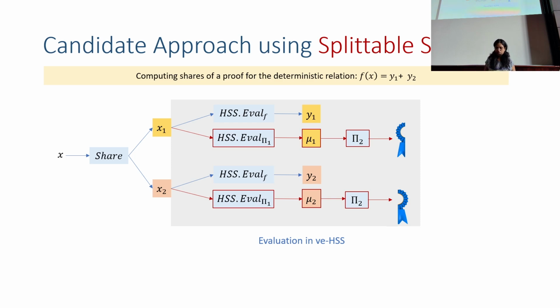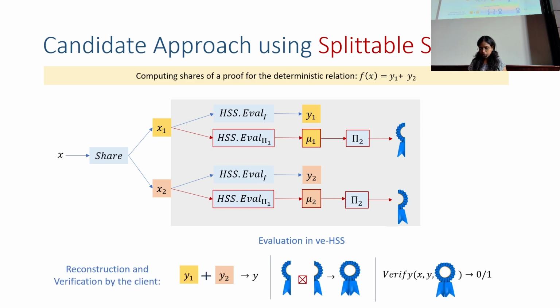And all of these computations together are going to form the new evaluation algorithm of our HSS with verifiable evaluation scheme. In the reconstruction algorithm, the client can reconstruct both the candidate output as well as the proof, and then check the validity of this output with respect to its initial input and this candidate output.